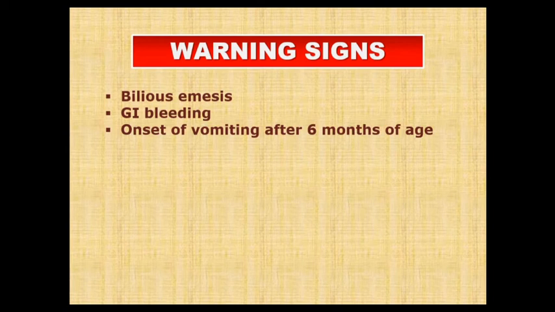So if it starts after 6 months, this may be a warning sign for a cause that is not benign and is serious. Failure to thrive and diarrhea are also warning signs, and they cause dehydration.